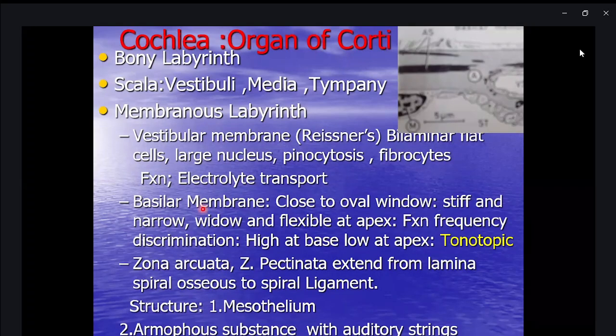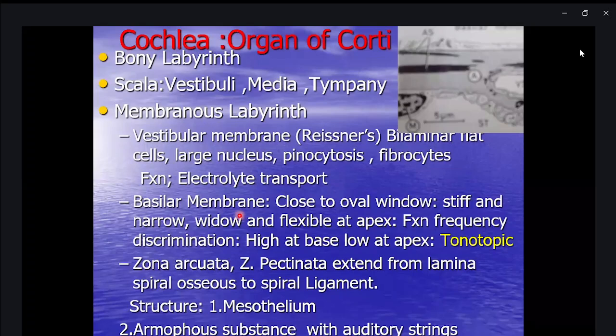The basilar membrane is very close to the oval window, and the part close to the oval window is the proximal part, which is usually stiff and narrow.